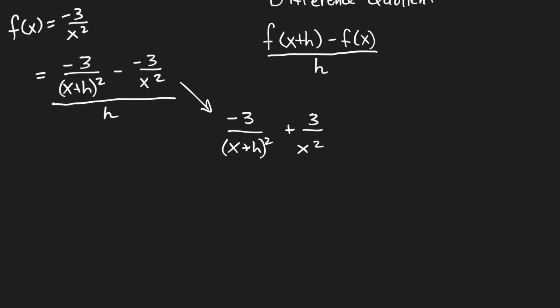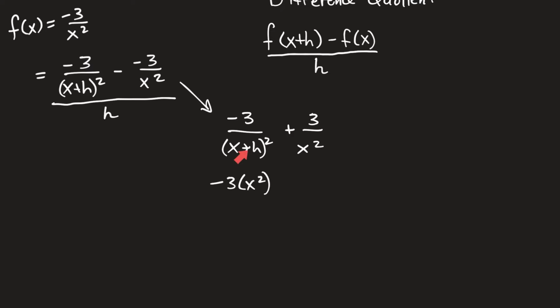So this will be multiplying these two together right there. That will be negative 3 times x squared.